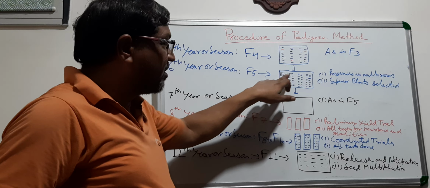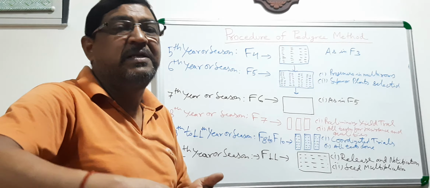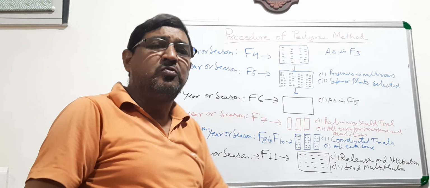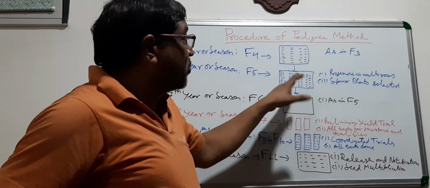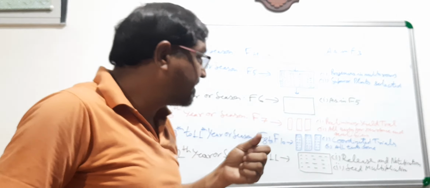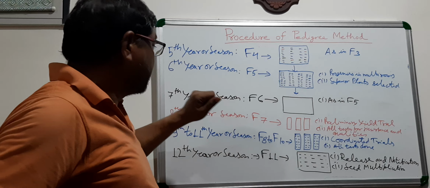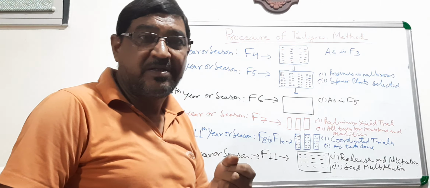So here you are growing progenies in many rows, maybe 2, 3, 4 rows of one plant's progenies. So you select again a superior plant because again you will be getting variation. So you select that plant and again you come to the 7th generation or 7th season, that will be your F6.